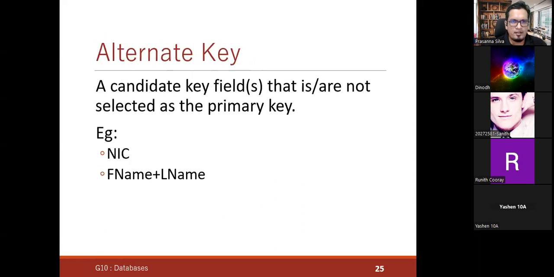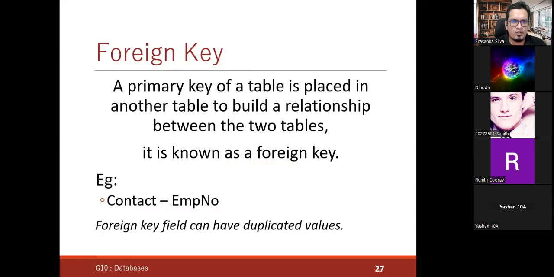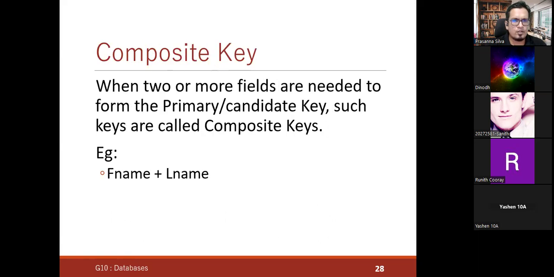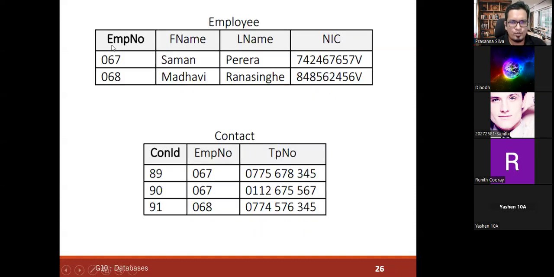Great. And then we have something called a foreign key. Before that, the composite key, we call it the compound key also. I told you the first name last name combination: if you merge them together, that also forms a uniqueness, right?